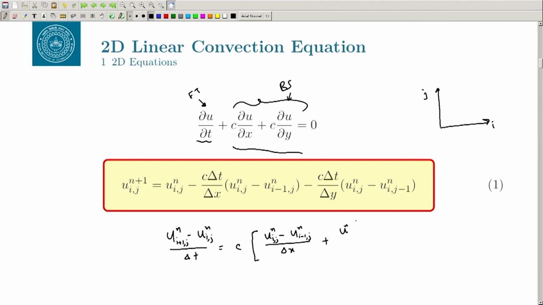And when you go to delta y, the backward differencing will be with respect to j. So, this is u i j minus u i j minus 1 at n by delta y.